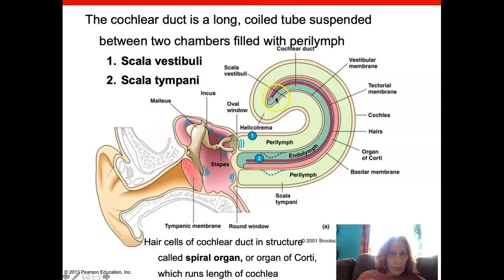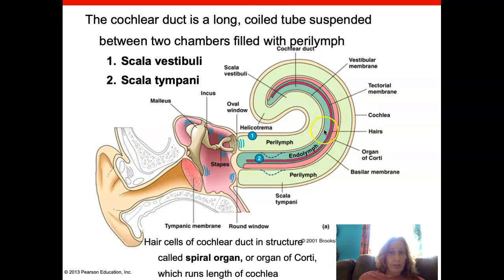This whole region here is the cochlear duct, and it's surrounded by two chambers, and they're filled with fluid. Now this upper chamber is called the scala vestibuli, and the lower chamber is called the scala tympani. You are not expected to remember these details.